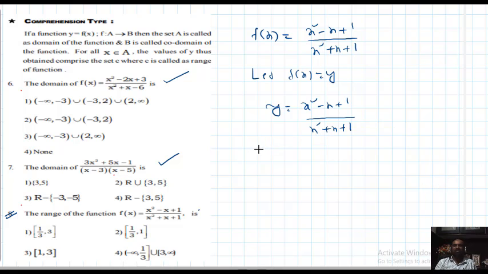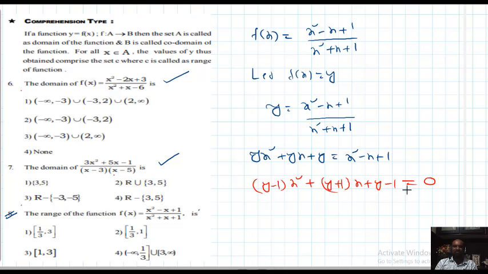I want to use the general method here. So y x square plus y x plus y equals x square minus x plus 1. What is our general method? You want to make x the subject, or make a quadratic in x. Taking x square common: (y minus 1) x square plus (y plus 1) x plus (y minus 1) equal to 0.